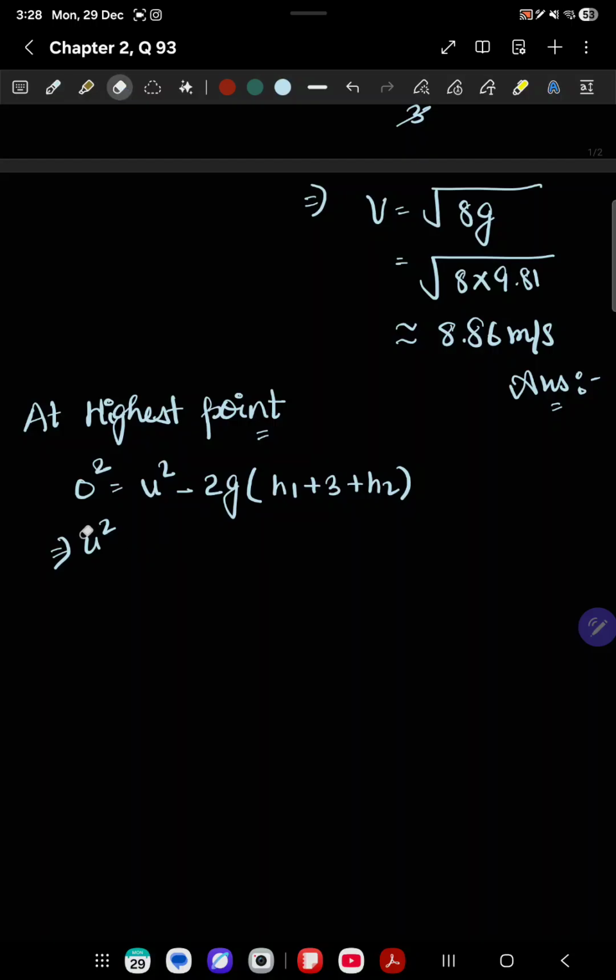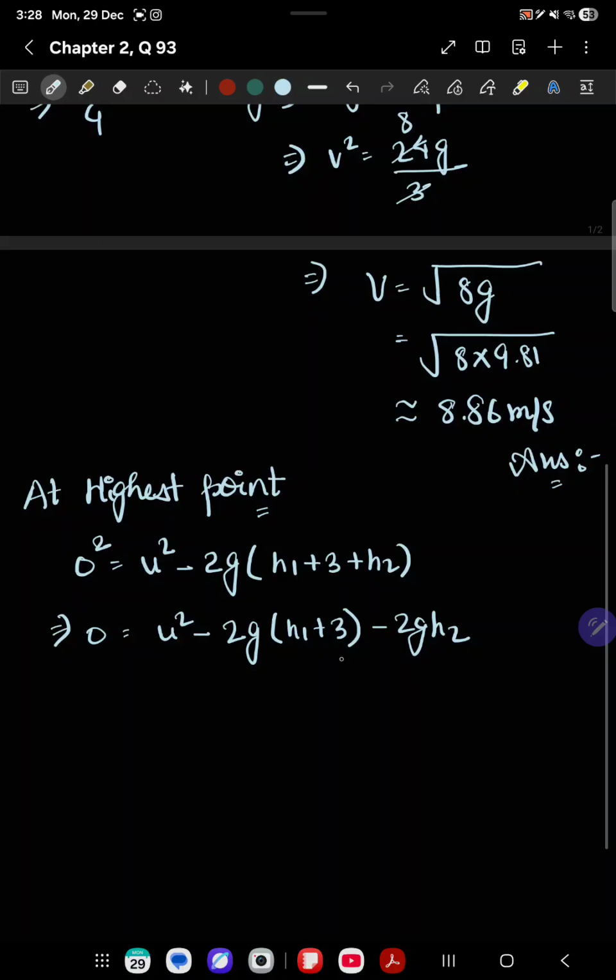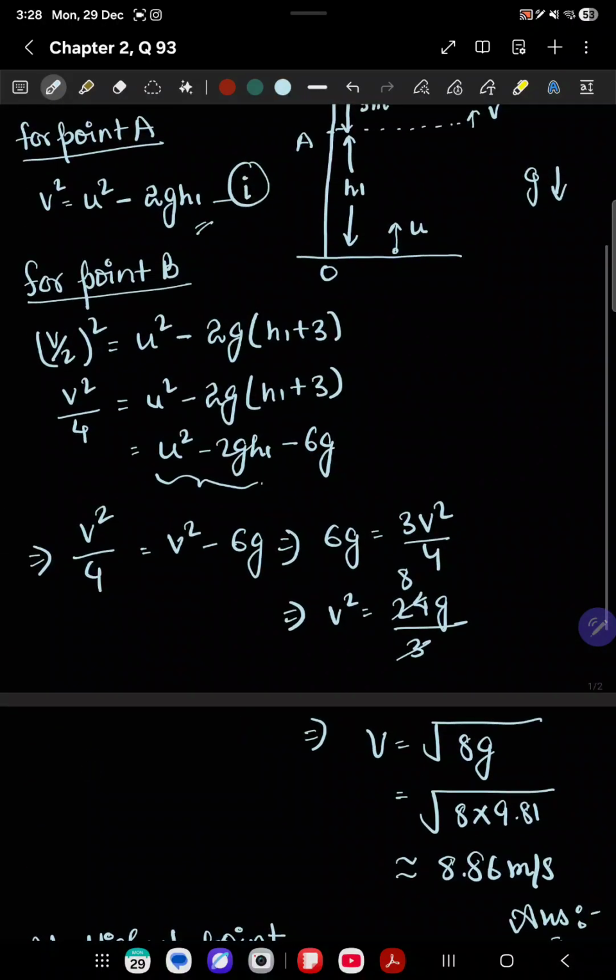Or let me solve it like this. 0 equals u square minus 2g h1 plus 3 minus 2g h2. See, u square minus 2g h1 plus 3, I think we have already written here, assuming this is equation 2.